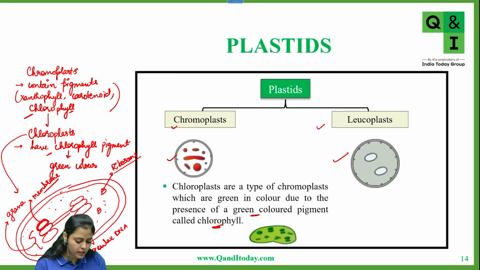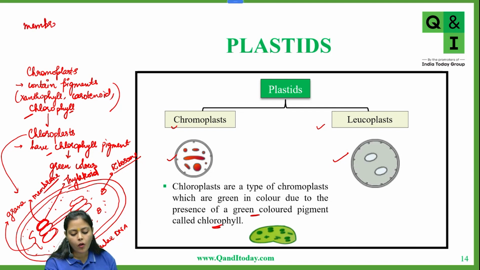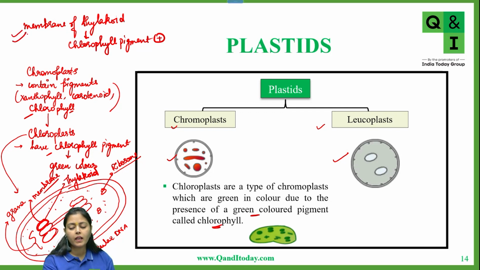This entire structure is grana, and these individual units, each circle, are called thylakoids. So in the membrane of the thylakoid, you have chlorophyll pigment present. Got it? Yes, very good, Shubhranshu. Is it clear?